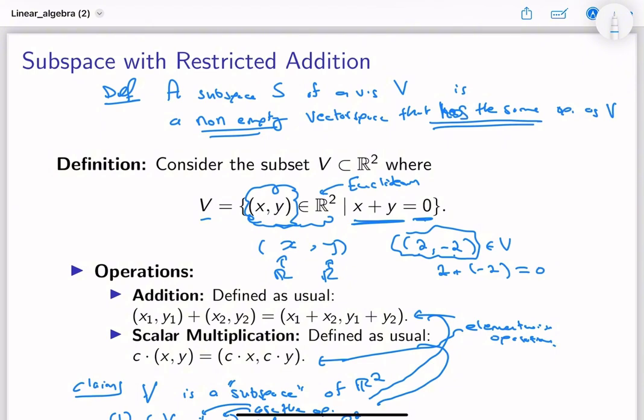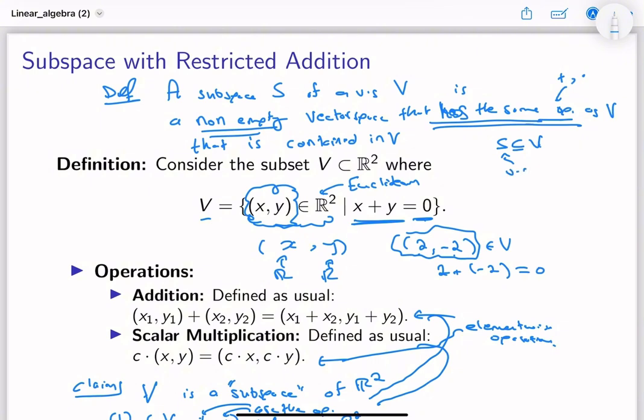It should have the same addition and scalar multiplication as those of V, that is contained in V, right? So S is contained in V.